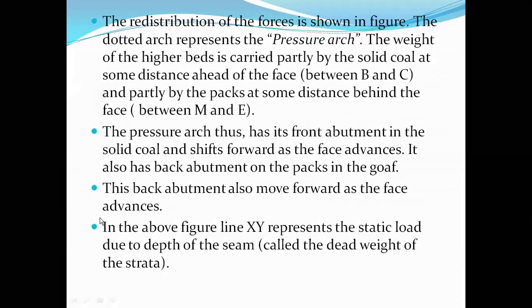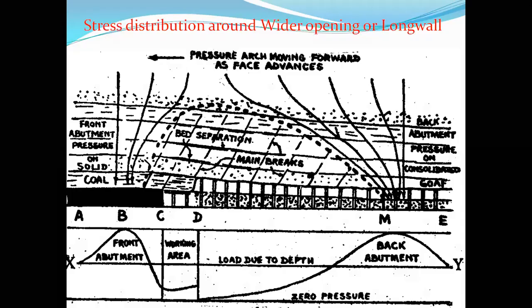Next, the pressure arch has its front abutment in the solid core, and it shifts as the face advances. It also has a back abutment on the packs in the goaf. Look at here on the back side: this is called the back abutment, and this is called the front abutment.